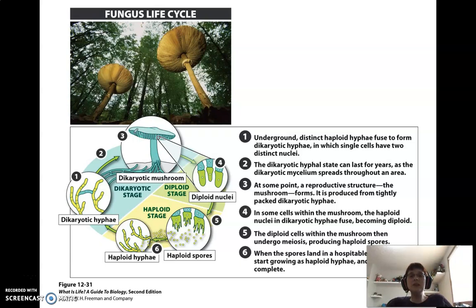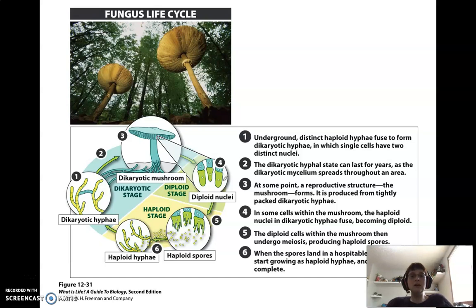So this section up in the gill part, these little guys right here, if you've ever looked at a mushroom from a pizza or whatever, you've probably seen these guys. That section right there is going to create diploid cells right at the tips, and those are going to divide to make haploid spores.